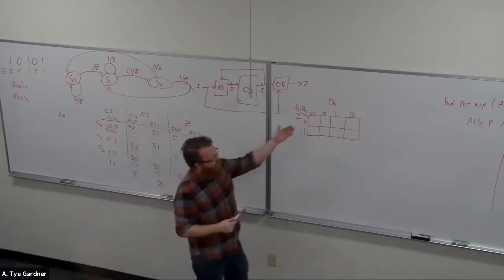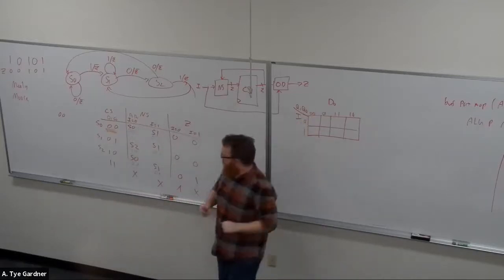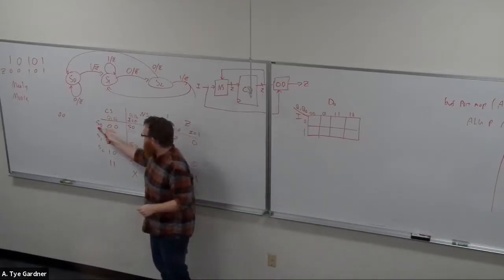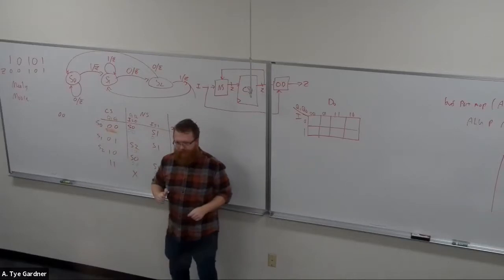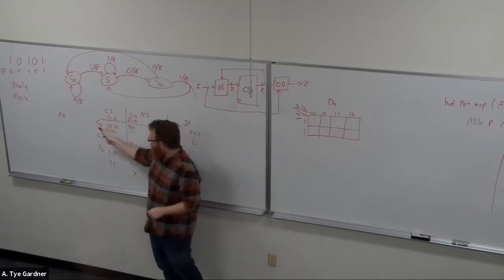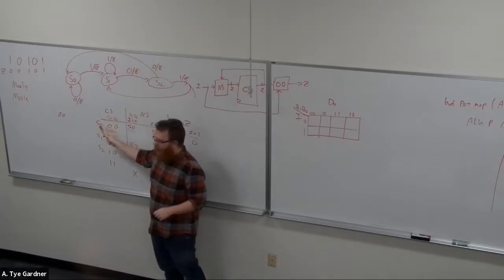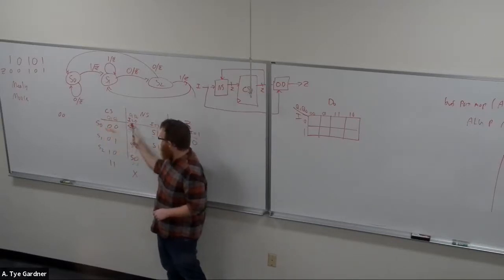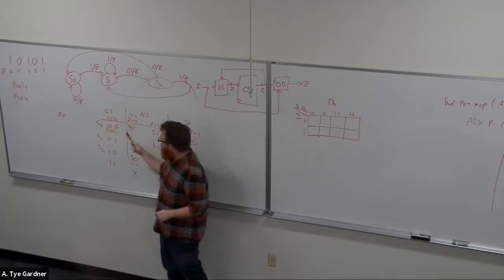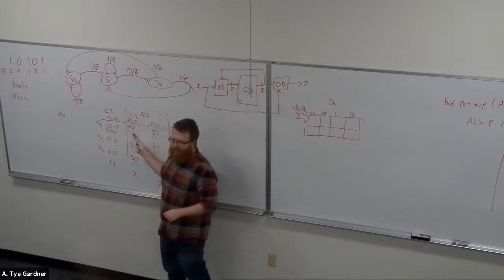I'm looking to figure out what is D0 depending on the current state and the inputs. So it's no surprise that in the case where my state is 0, my inputs are 0, 0, 0. So 0, 0, 0 for D0 is supposed to be 0.